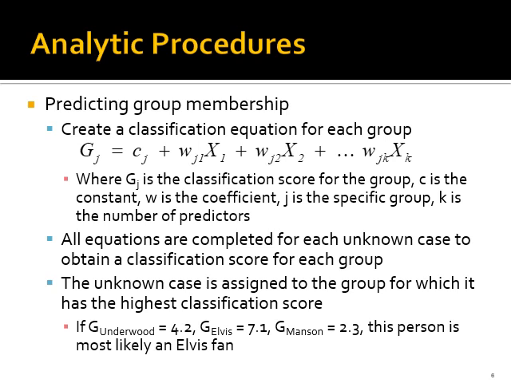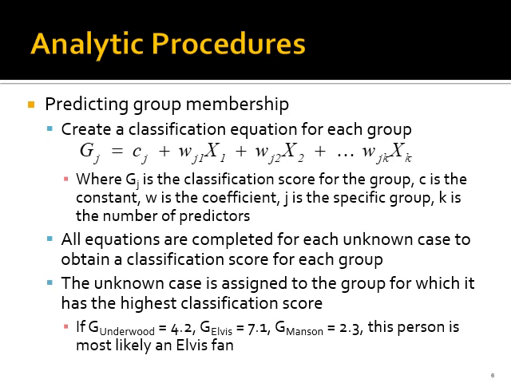So basically, if we have 3 predictors, our equation for predicting categorization in group 1 would be the constant for group 1, plus the actual coefficient times the value of that participant, and we do that for each predictor and each participant's score. All equations are completed for each unknown case to obtain a classification score for each group. The unknown case is assigned to the group for which it has the highest classification score.